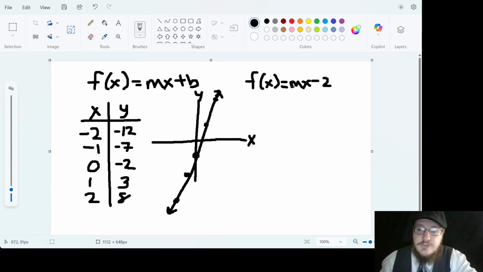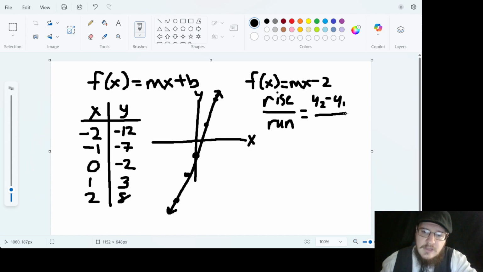Now, to solve for our slope, remember, it is our rise over our run. In this case, y2, our right point that we're choosing, minus y1, our left point that we're choosing. Same for x2 minus x1.